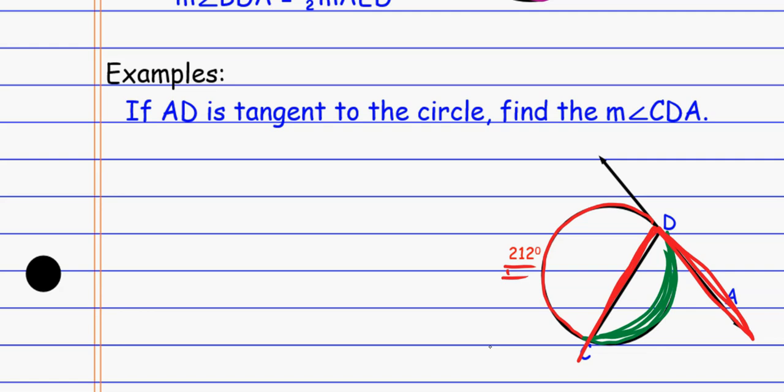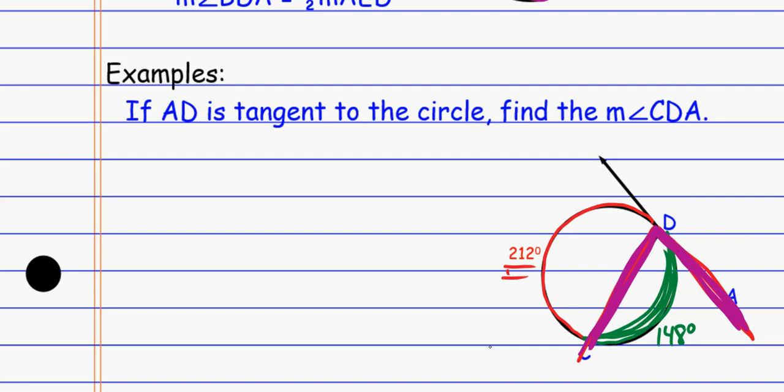So I could subtract and say this arc has to be 148 degrees. And now the angle I'm talking about, CDA, let's recolor this in purple. That angle has to be half of the measurement of the arc that's inside of it. So if that's 148 degrees, half of that is 74 degrees.